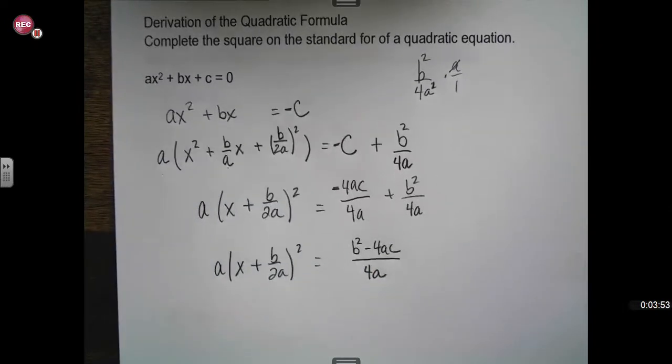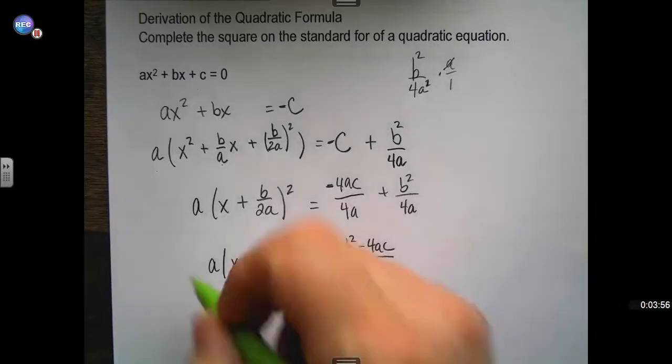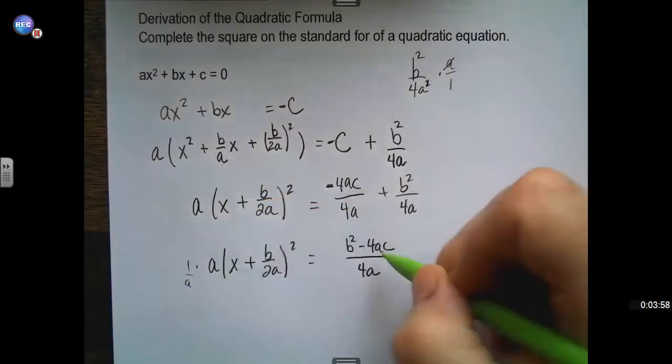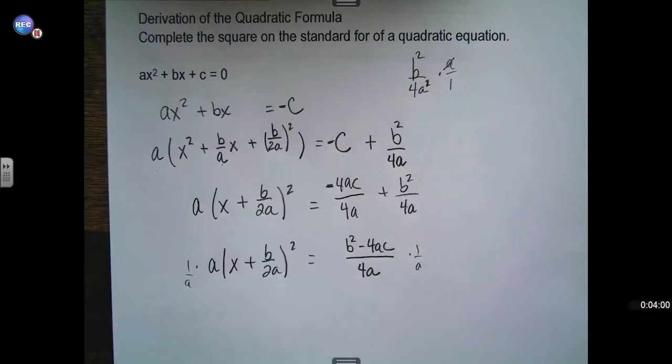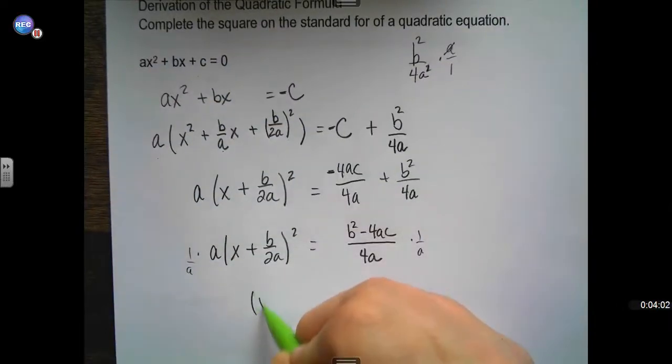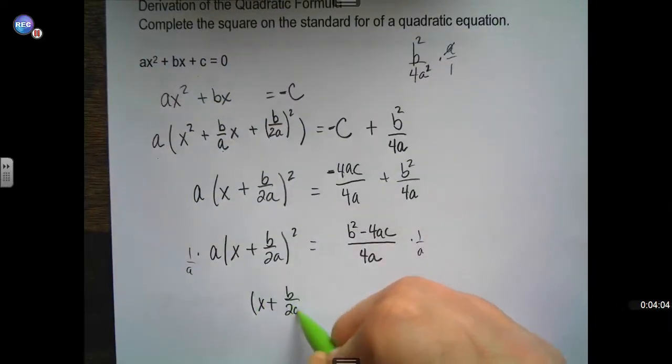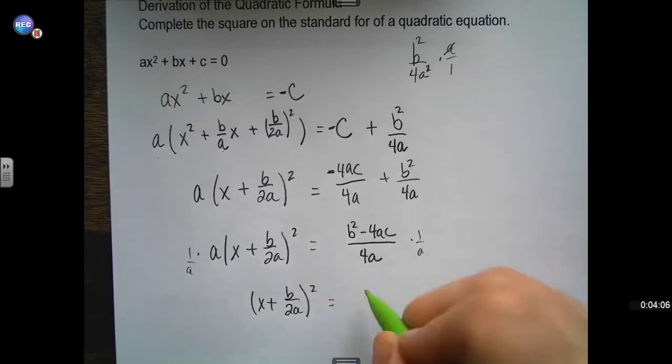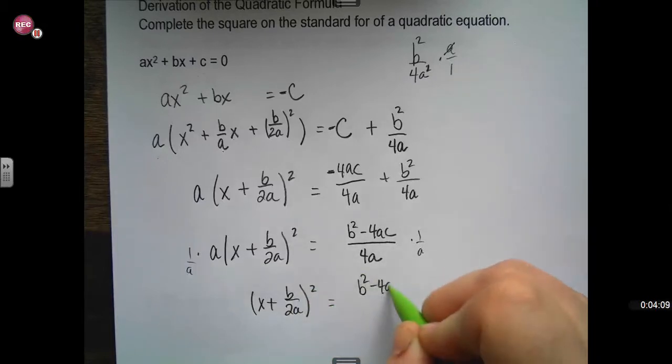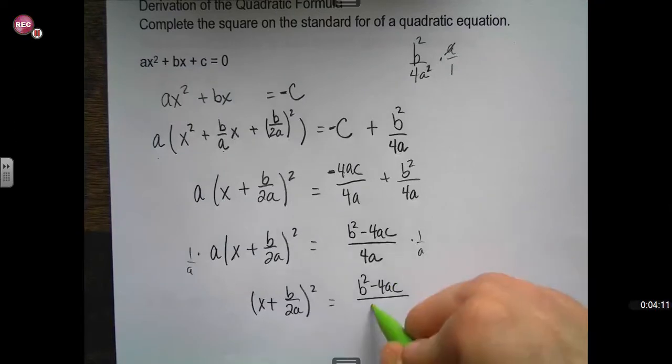And now I'm going to divide both sides by a, which is the same as multiplying by 1 over a. And so I get x plus b over 2a quantity squared equals b squared minus 4ac all over 4a squared.